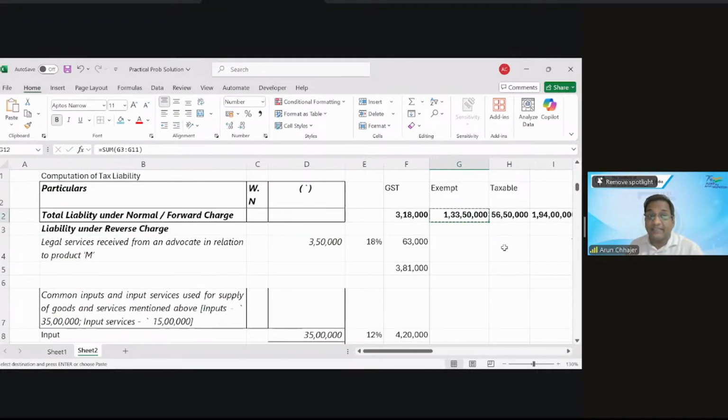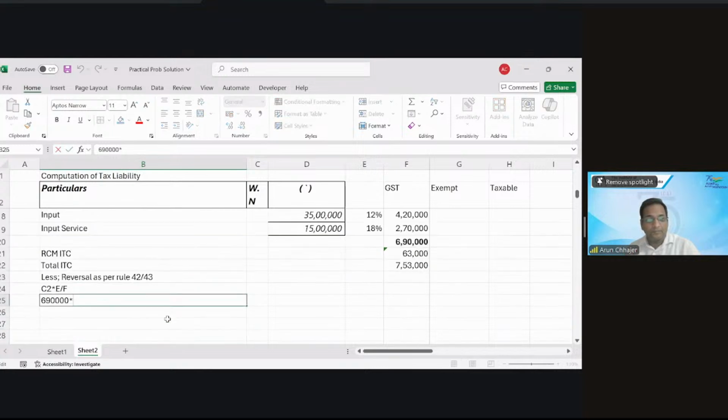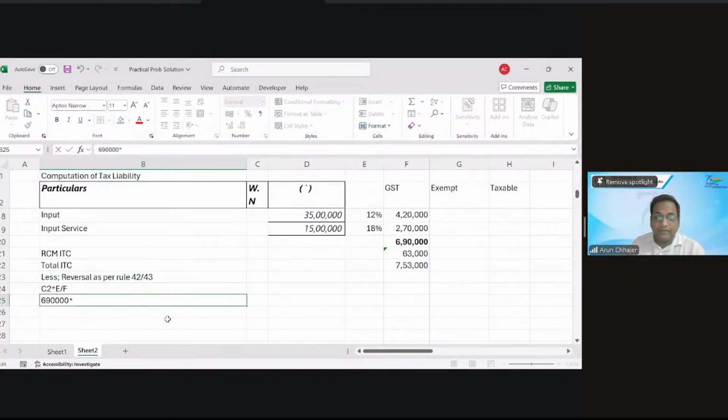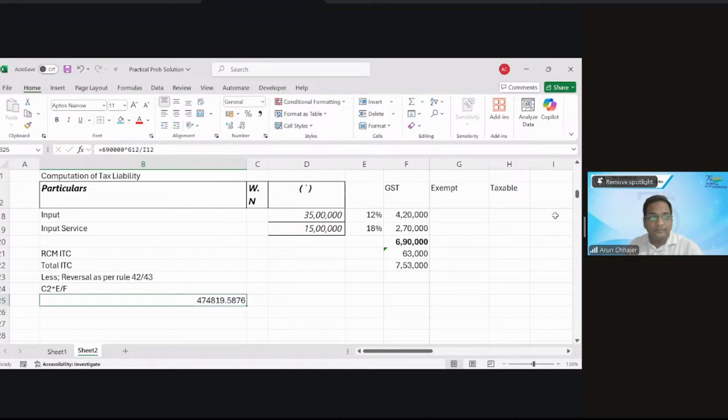One thing I can say, simply I will multiply this divided by this. I think it is 474819. Okay.